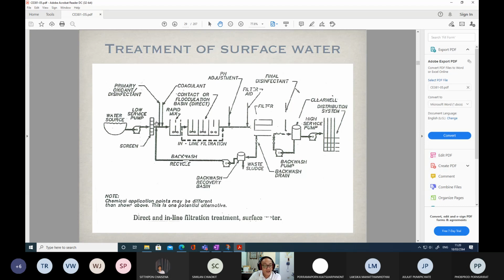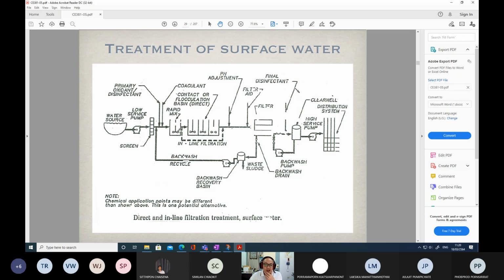Water passes through the screen, and during travel from the screen to the rapid mixing, some disinfectants and coagulants are added. That is why the rapid mixing occurs in the next unit process.